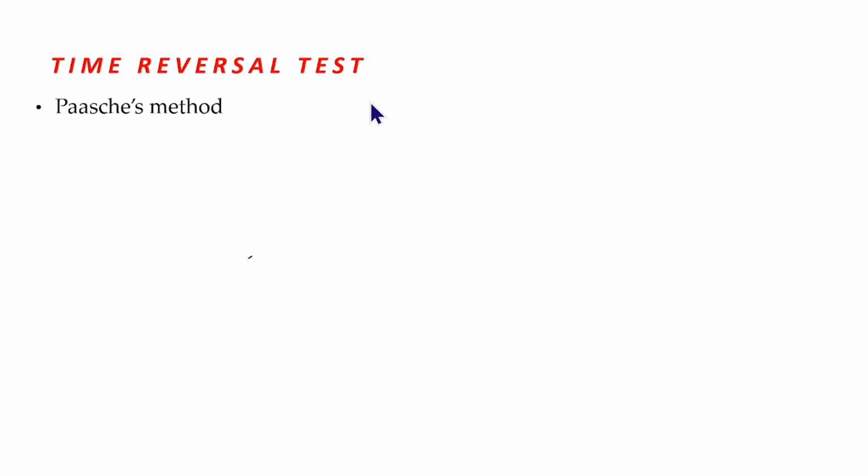Now coming to the next method, which is Paasche's method. Now we will see whether Paasche's method satisfies time reversal test or not. According to Paasche's method, the formula for the index for the current year using 0 as the base year is summation P1 Q1 upon summation P0 Q1.